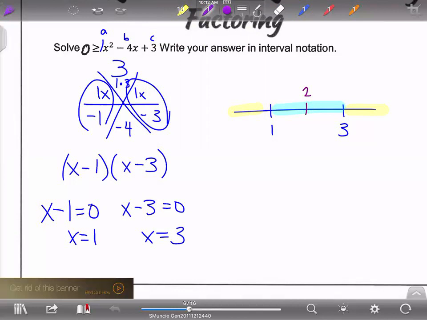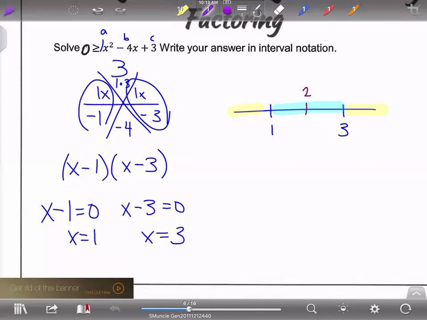So we have 2 answer options. You just happened to pick the one that worked on the last one. This one may or may not work. We're either going to get that, when we plug in 2, it is a true statement like we just did on the last one, or it's going to end up being false, and then we're going to have to check a different number. So if we go with Courtney again and we plug in 2, we're going back to the original inequality.